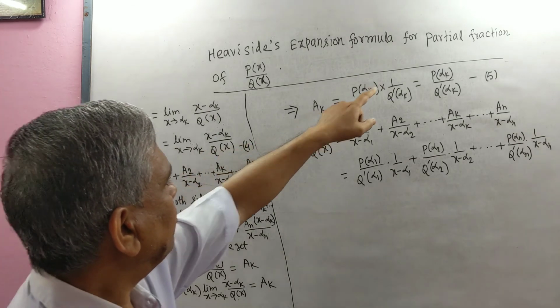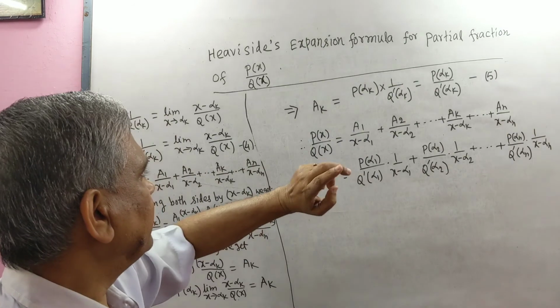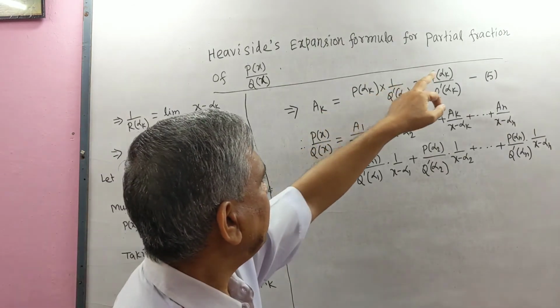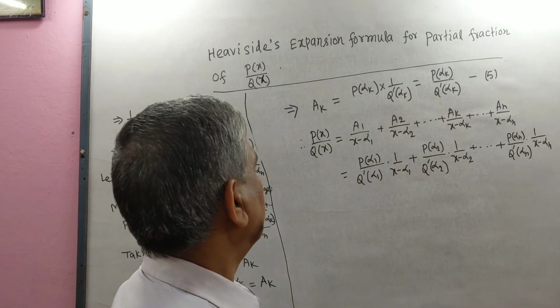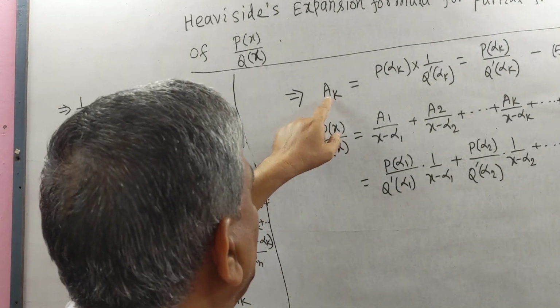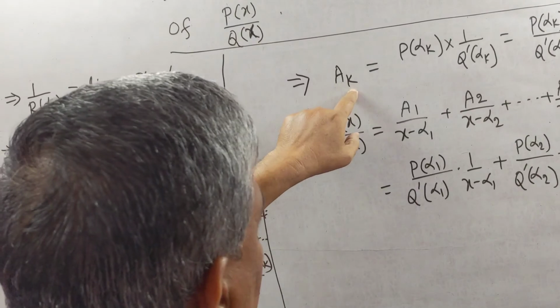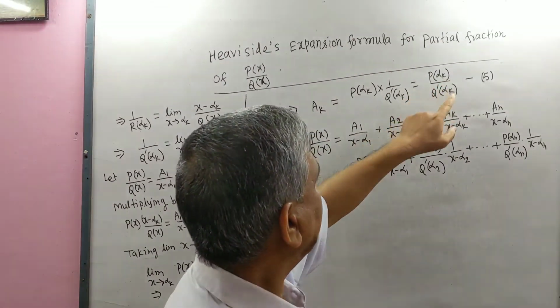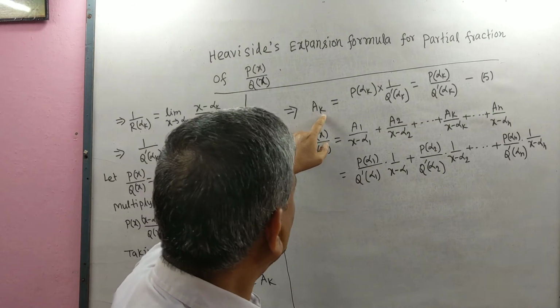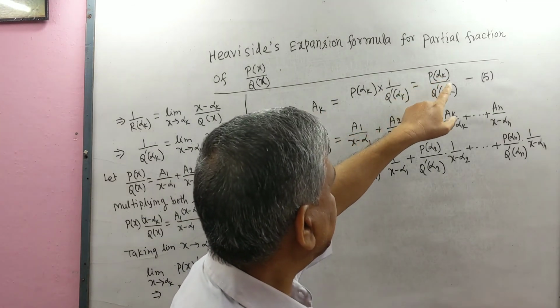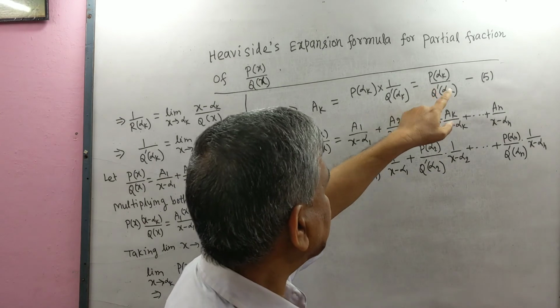So we write here 1 by Q dash alpha k. That is, a_k equals P(alpha k) by Q dash alpha k. So here a1 equals P(alpha 1) by Q dash alpha 1. If we write here a2, it is P(alpha 2) by Q dash alpha 2.